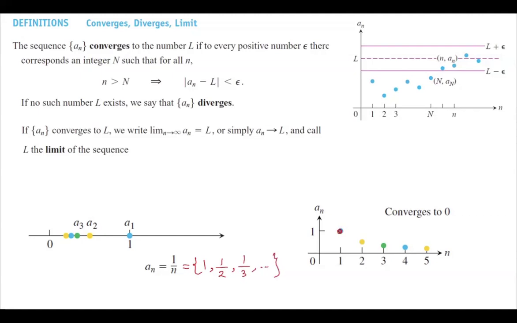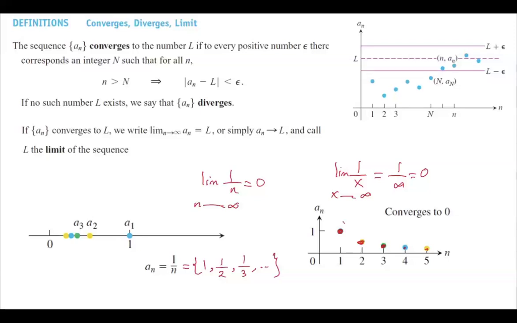So the y values start at this point, and they are decreasing. So if I ask you to find the limit of 1 over n as n goes to infinity, it's the same as asking you to find the limit of 1 over x as x goes to infinity.